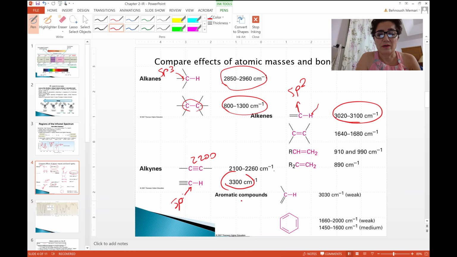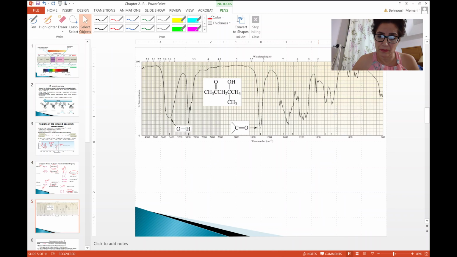For aromatic compounds, the hydrogen, just like the sp2 hybrid, appears slightly higher than 3000, and for the carbon-carbon bonds, we get two peaks, one around 1600 and the other around 1500. Those are the two peaks that would indicate the functional group is aromatic.